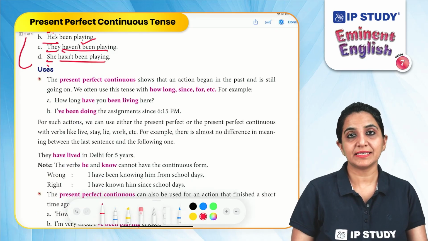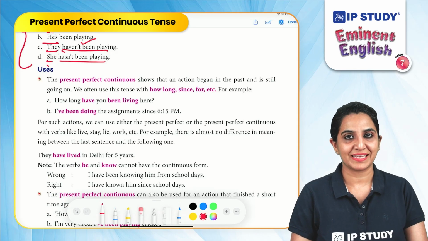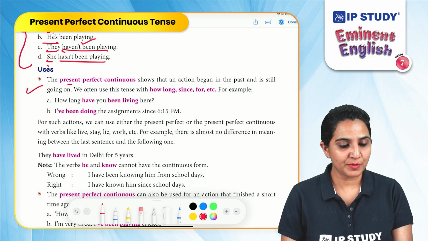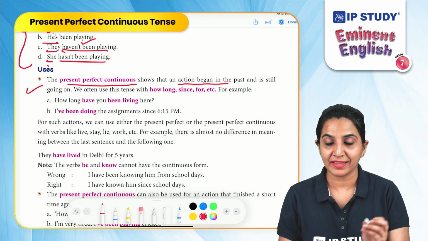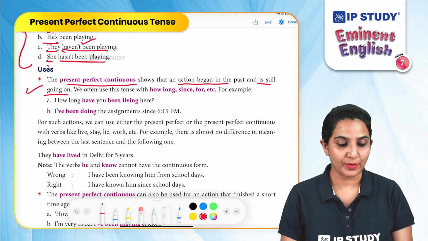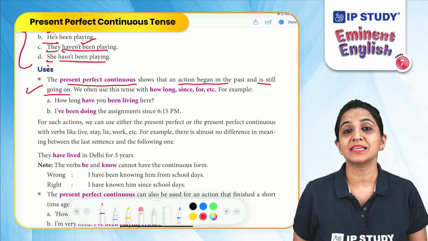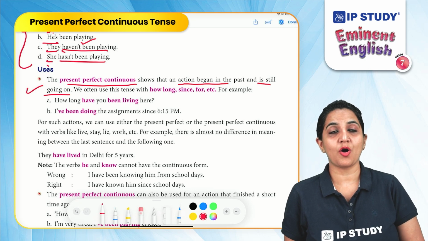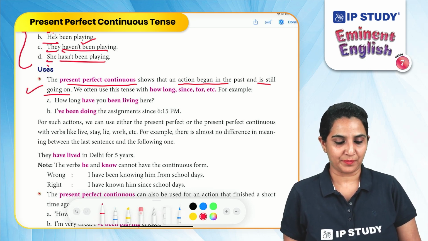Now let's study some of the uses of present perfect continuous tense in detail. The present perfect continuous shows that an action began in the past and is still going on. That means the actions that started in the past but are still happening right now, or they still exist in the present time.